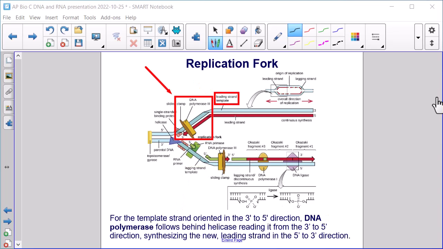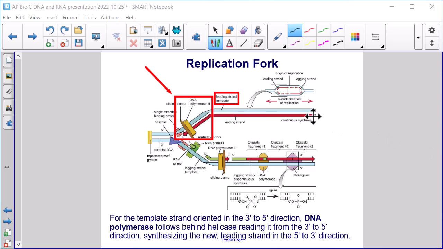For the template strand oriented in the 3' to 5' direction, so that's this one, DNA polymerase follows behind helicase, reading it from the 3' to 5' direction. Right here, just following behind, synthesizing the new leading strand in the 5' to 3' direction.